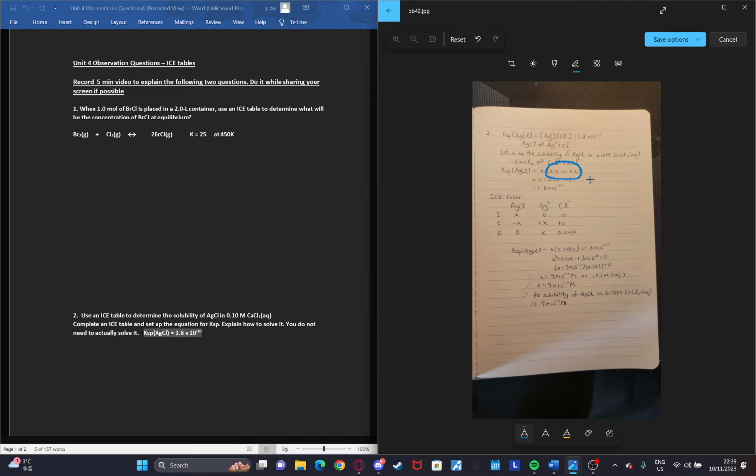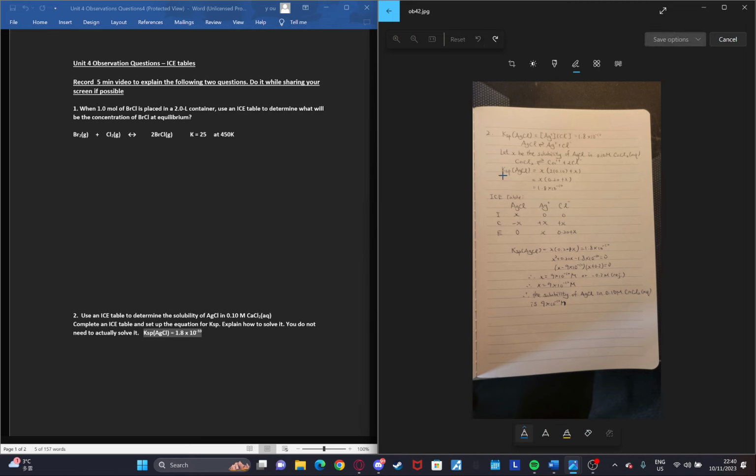So this part is the Cl when AgCl is in CaCl2. So the chloride ion from AgCl also adds into the chloride ion from the CaCl2. So these two combine to get its solubility.